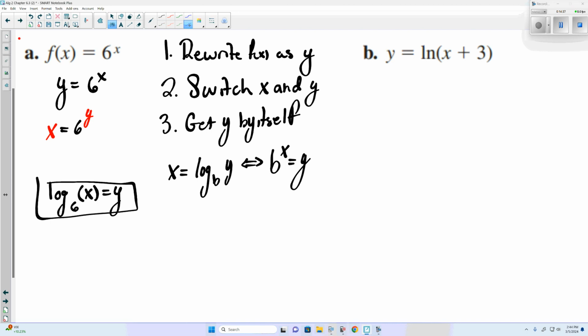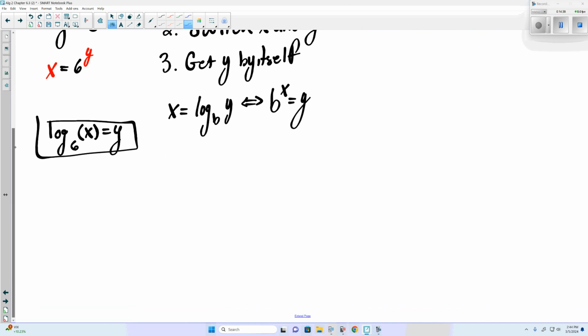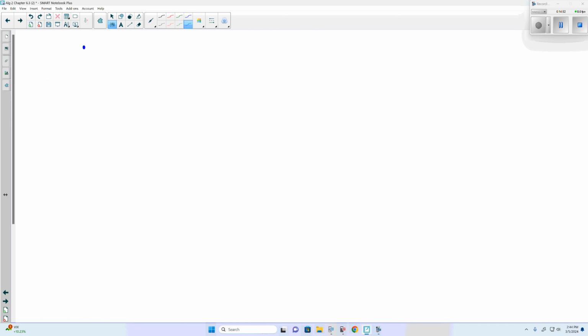Now there is another way we could have done this to go from here to here. Up to this point, the only way we could do this is if we just switched it using this here. Because we're starting off with b to the x is equal to y, yes? Now if I took log base b of b to the x, what is log base b of b to the x? x, yes?